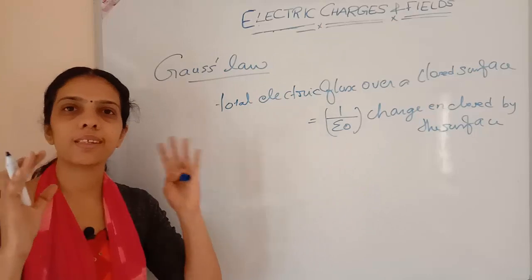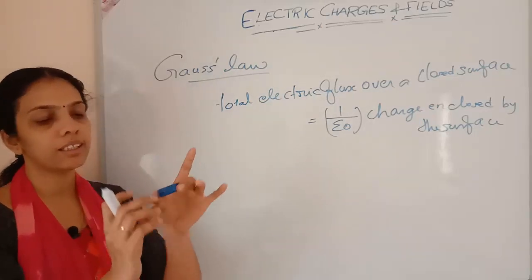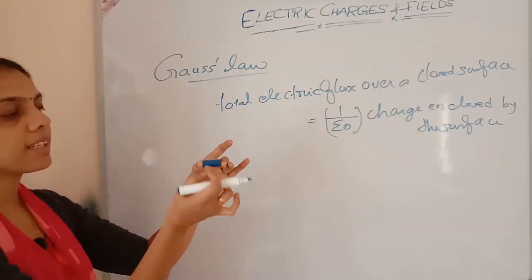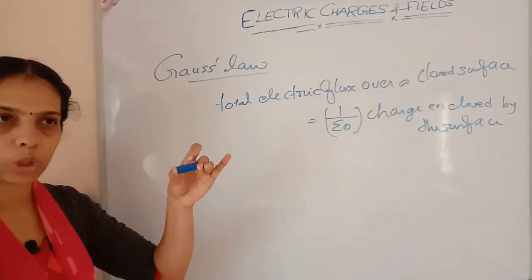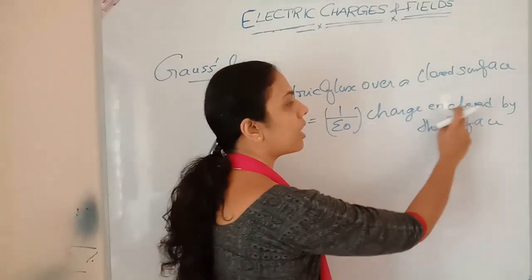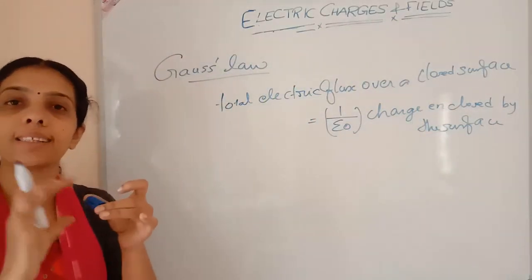In a closed surface, if I am considering electric flux, now this is a closed surface. This electric flux in this surface will be equal to 1 by epsilon 0 times the charge enclosed by the surface. How much charge is there inside the surface?